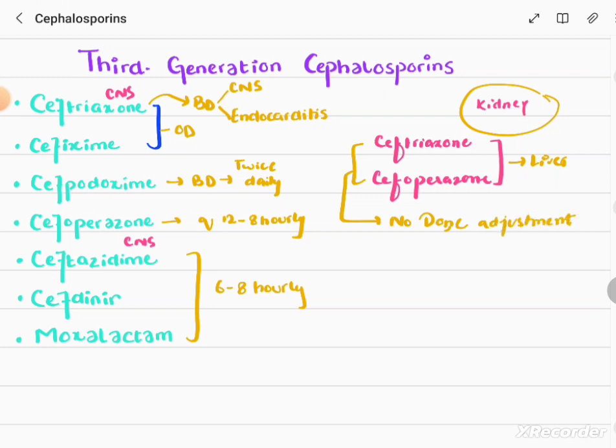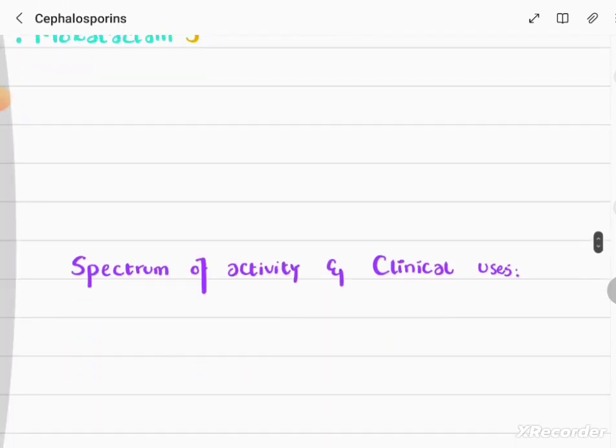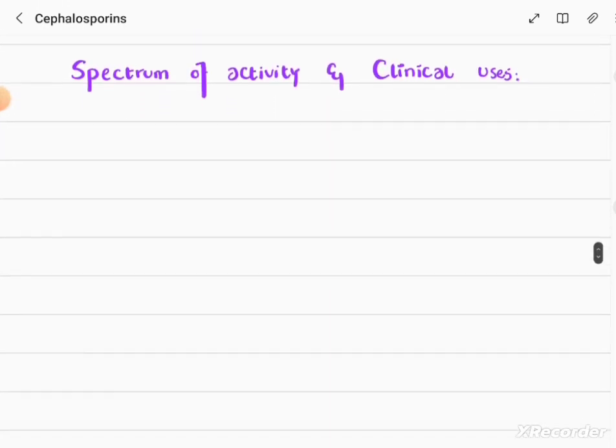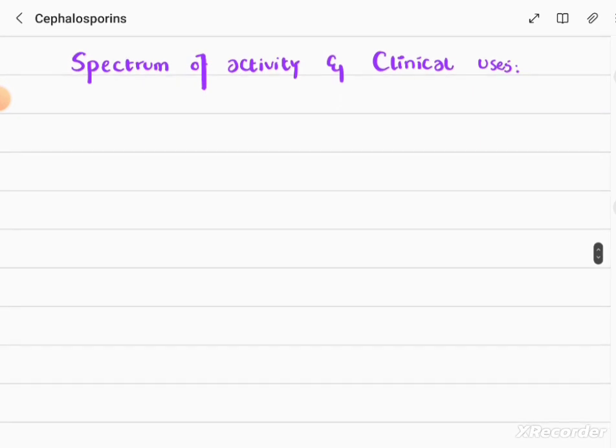Now we'll move towards the more important thing about these drugs, which is the spectrum of activity and their clinical uses. So they are broad spectrum antibiotics. They retain the activity of the first generation and second generation cephalosporins, and along with that, they have extended gram negative coverage, which means that they cover more gram negative bacteria.